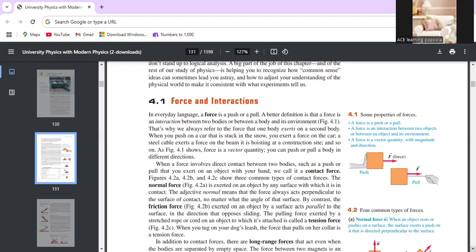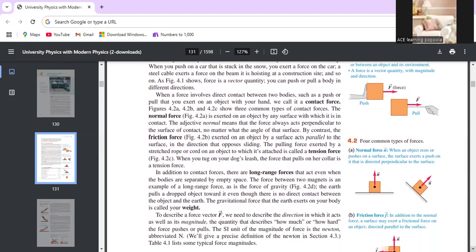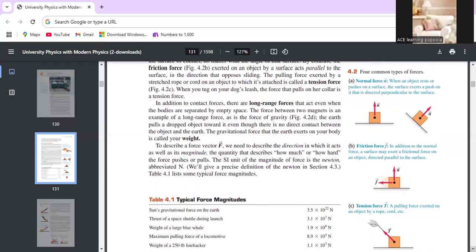Majorly, those are the forces that we're going to be treating under this topic. We know that there are frictional forces, which is an example of a contact force. We also know that there are normal reaction forces, and there is what we call tension force.